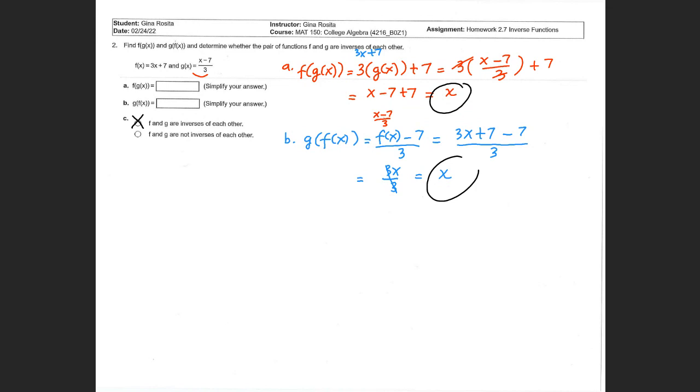Okay, continue to number 3 now. Everybody follow, yeah? Same thing, okay? You have to find f of g of x, okay? So now I put A over here, okay? f of g of x.